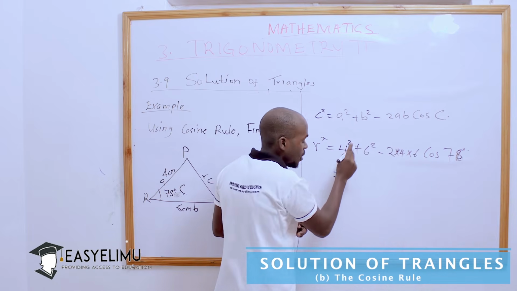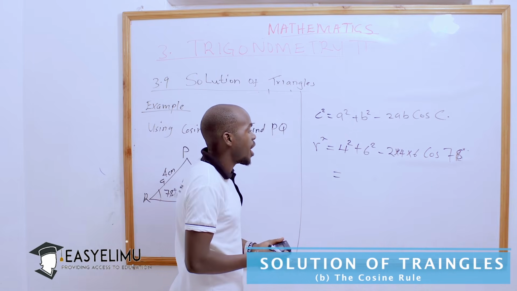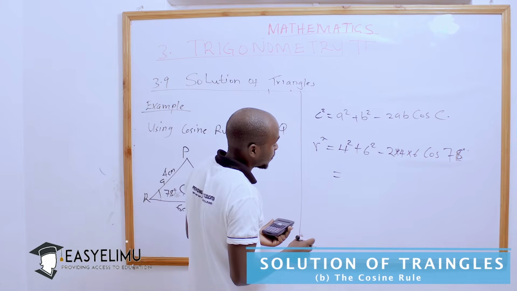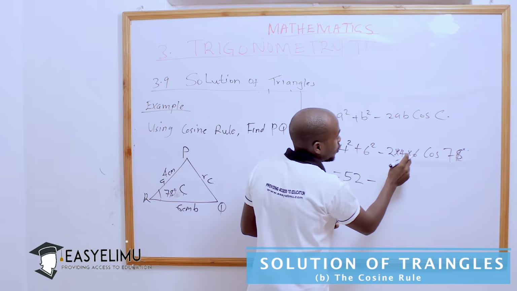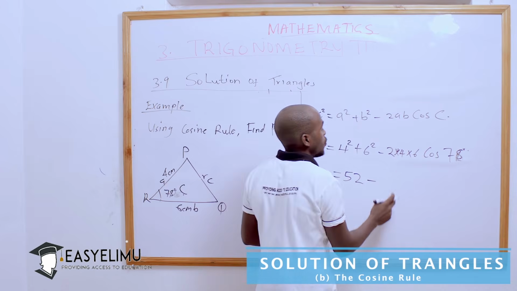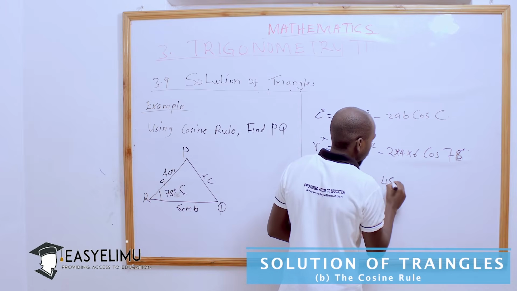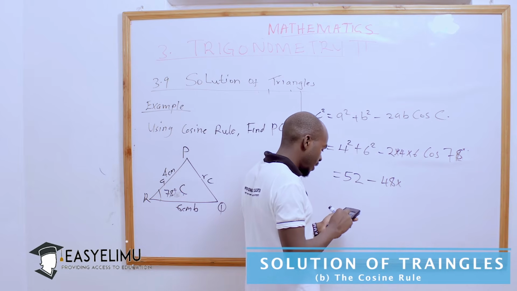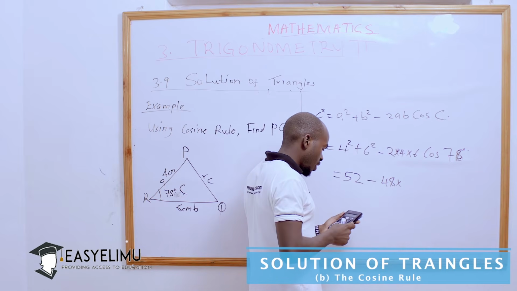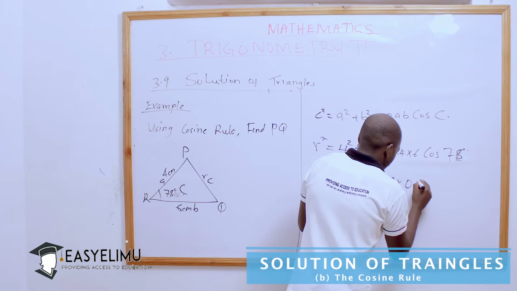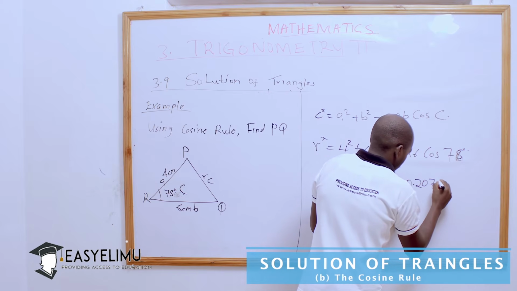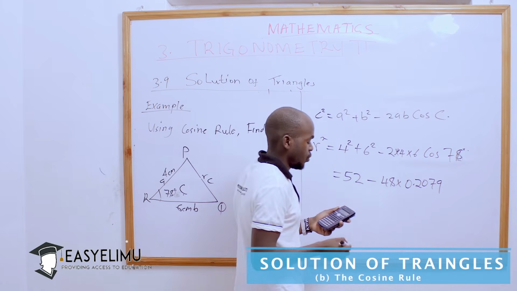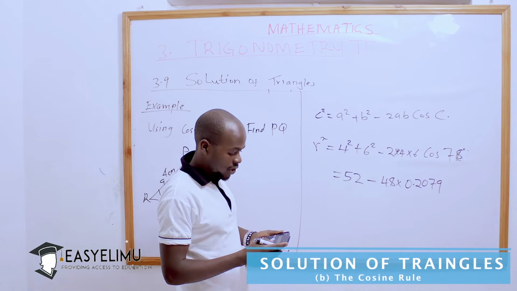We are going to get 4 squared is 16, 16 plus 36, we are going to get 52, minus 4 by 6 is 24, by 2 is 48, so we are going to get 48 multiplied by cos 78, which is going to give us 0.2079. Let's just use up to 4 decimal places.